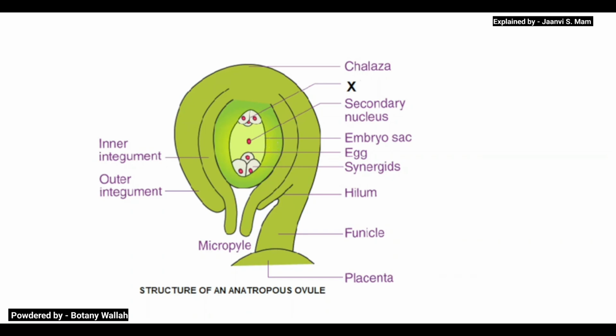Now let me draw one diagram here. See, if I want to say that this is ovary and this is ovule, this ovule is not present in air, it's not present like this only. It is present by a stalk.